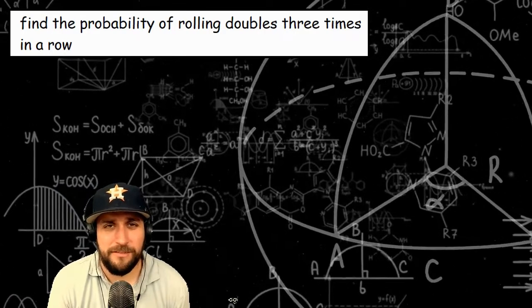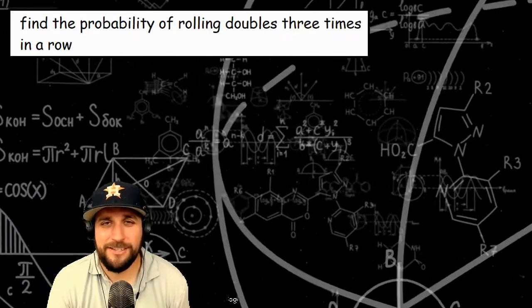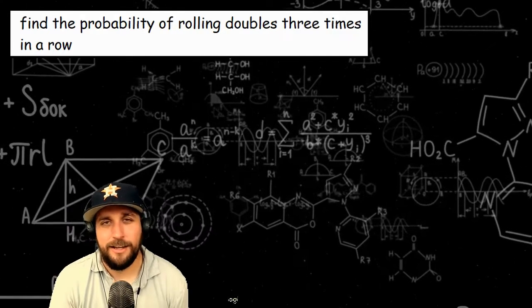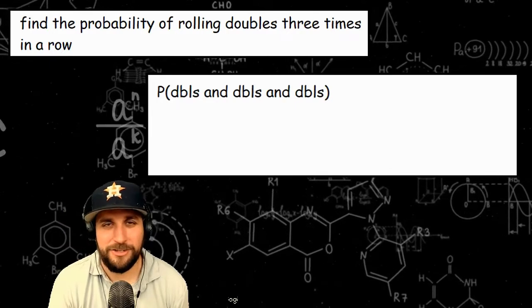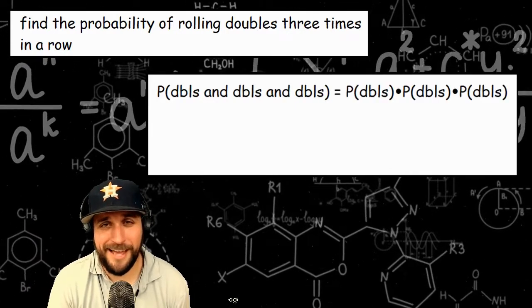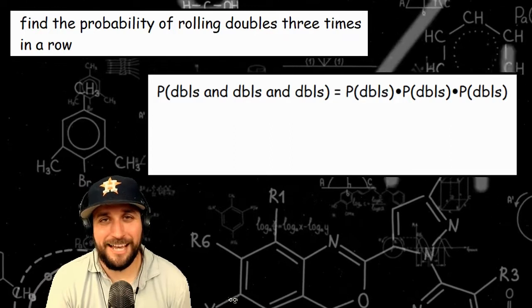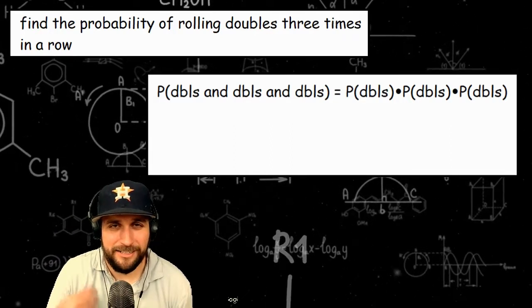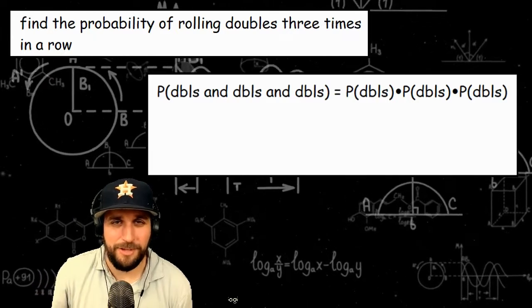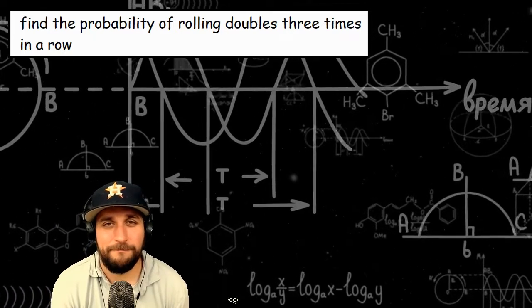These are independent events. What happens on one dice roll doesn't affect the next dice roll. So the probability of doubles and doubles and doubles should equal the probability of doubles times the probability of doubles times the probability of doubles. So we just need to figure out the probability of getting doubles once and then multiply it by itself 3 times.